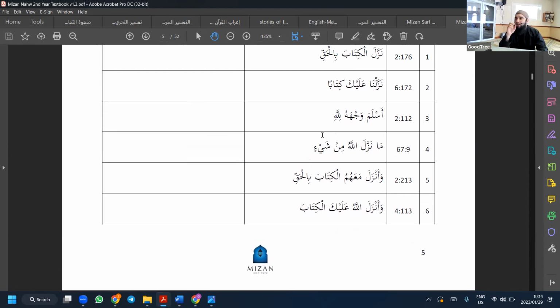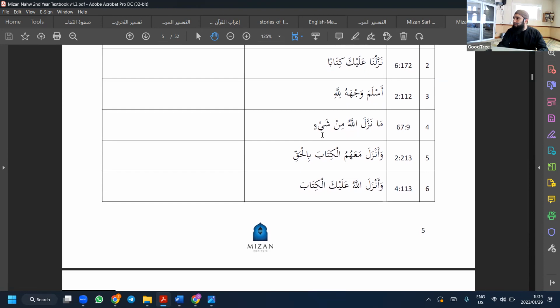We have a verb there, aslama. Where's the fa'il? Okay, there's nothing at the end, right? To the left, we have wajha. That's in nasb. The hu is just a damir attached to it. Then lillahi again a harf al-jarr and ism majrur. So there's nothing in the raf. We're left with inside. Aslama is the verb.